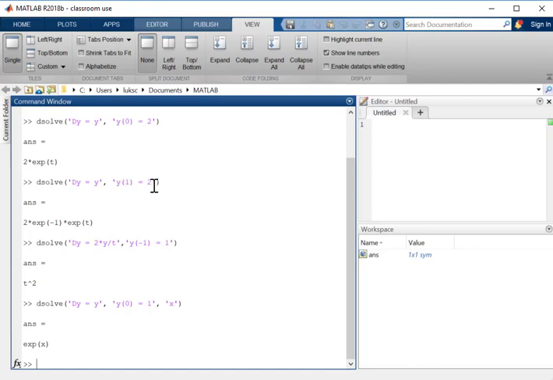You can do this for multiple equations if you have a system of differential equations. Just list them in order as you go through and do this. For instance, let's see.